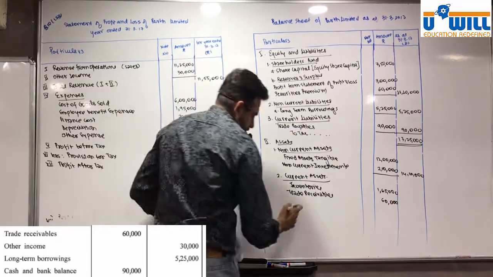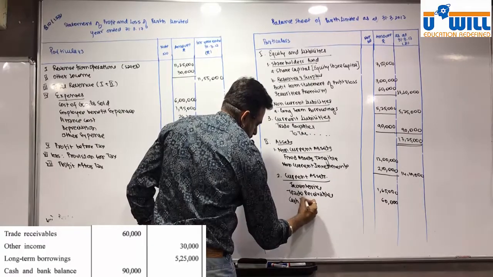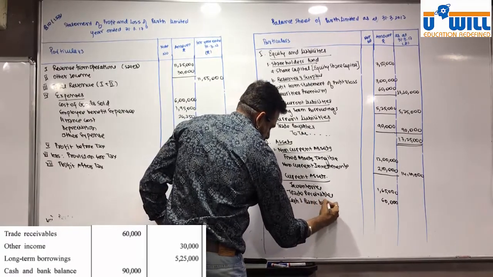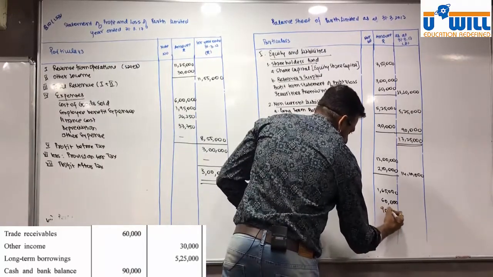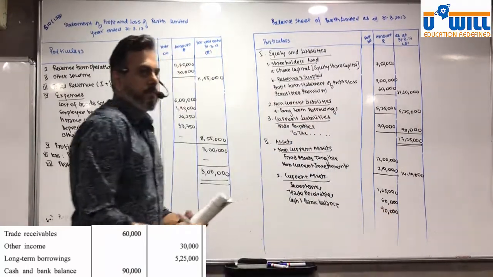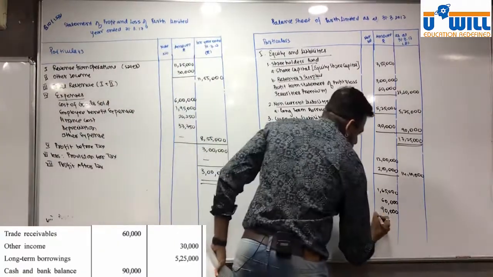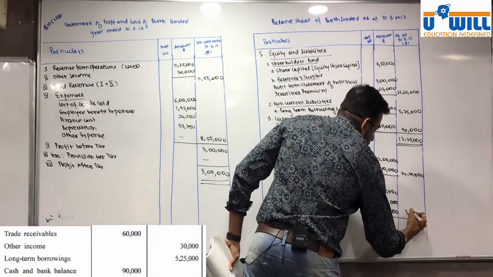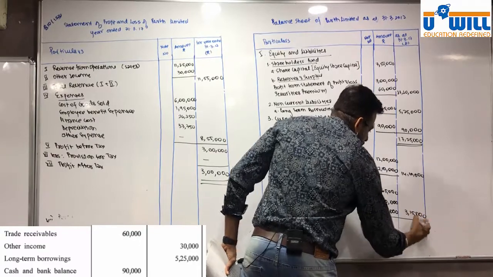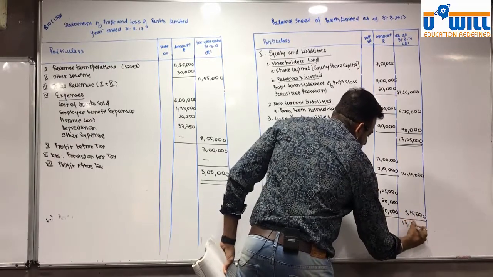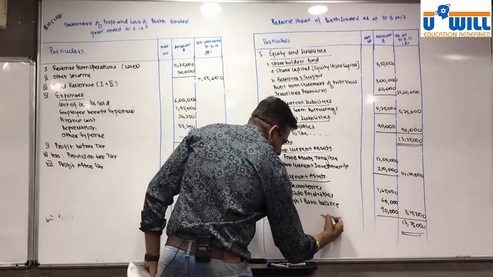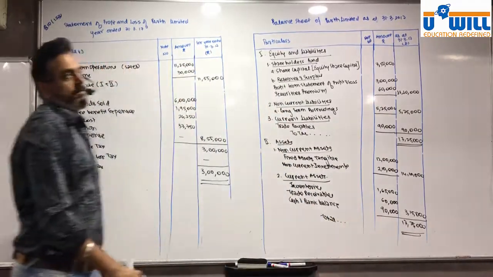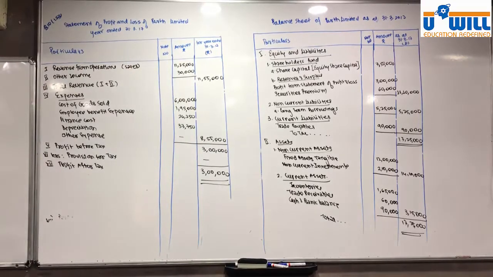Cash and bank balance. That's it. Total 3,15,000. So final total 17,25,000. Total.